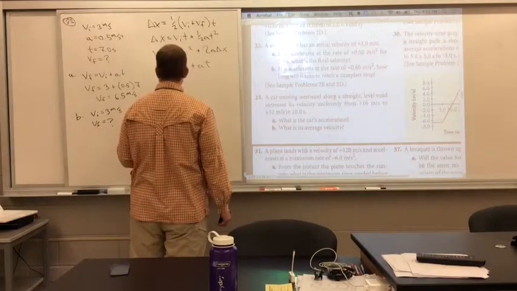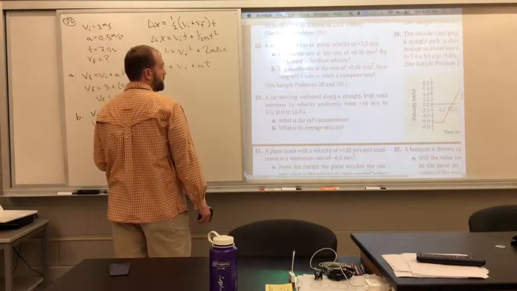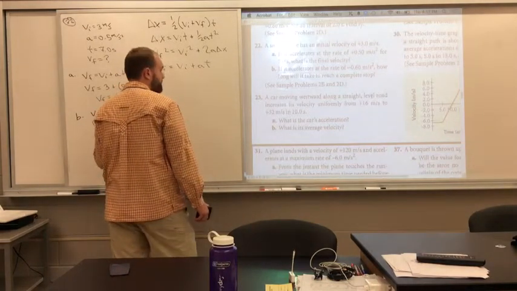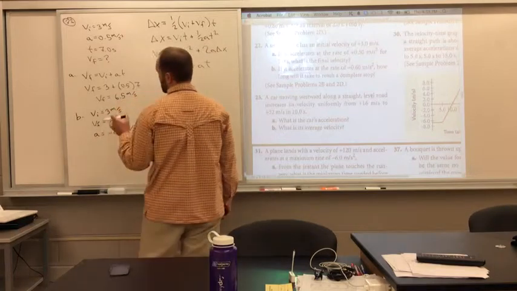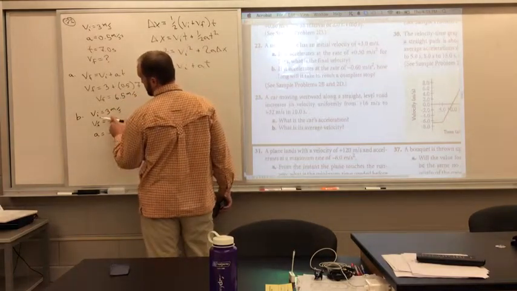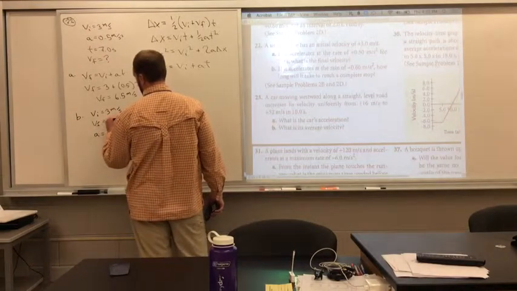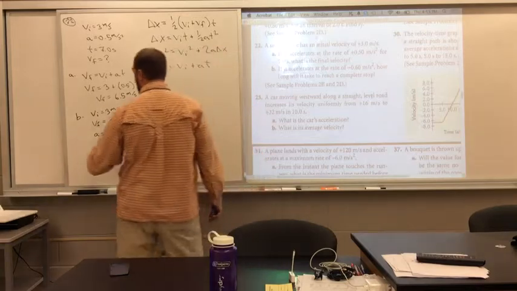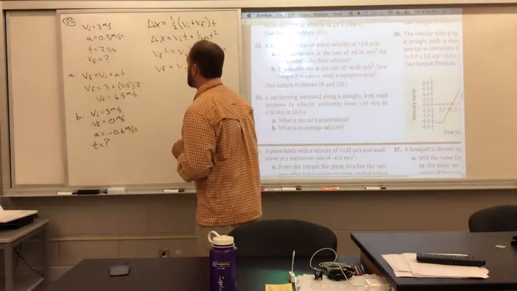And you know that its acceleration now is negative 0.6 meters per second squared. You want to know how long it'll take to reach a stop? Oh, there you go. If you want to know how long it'll take to reach a stop, that tells you that the VF is going to be 0. And they're asking you how long, so time's the guy they want to find.